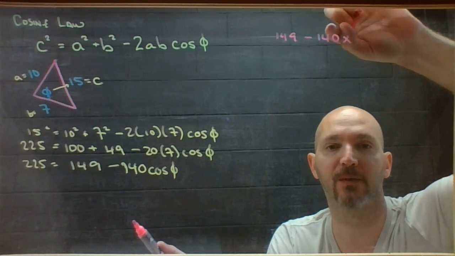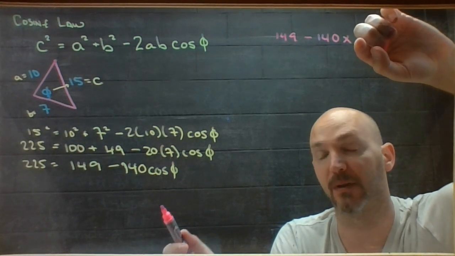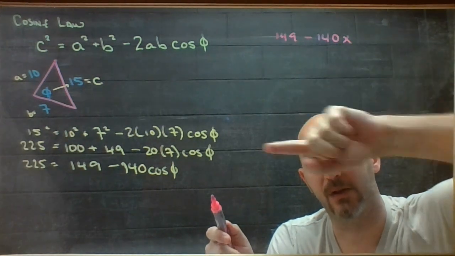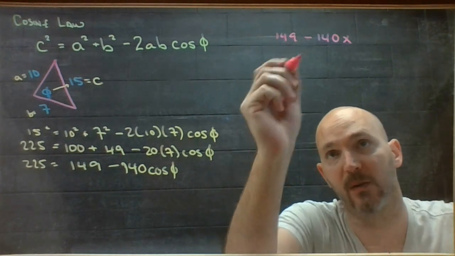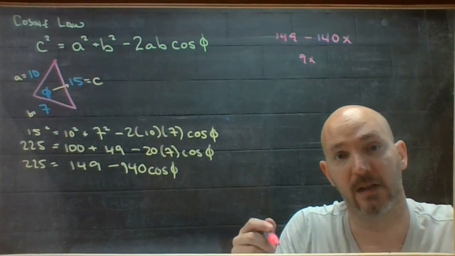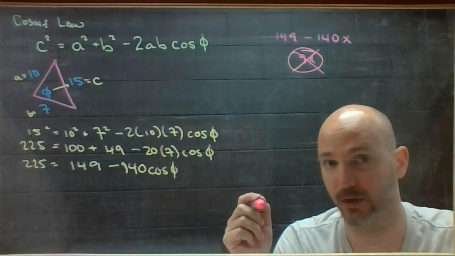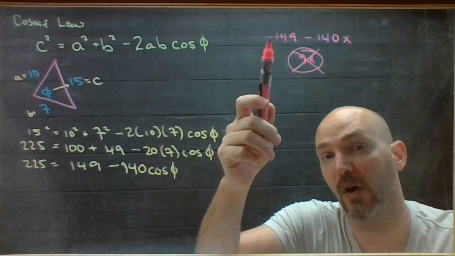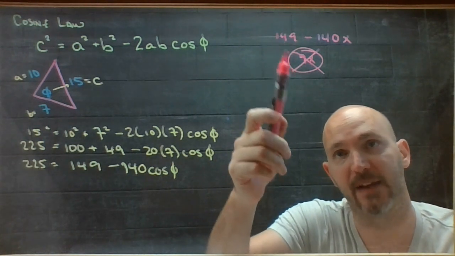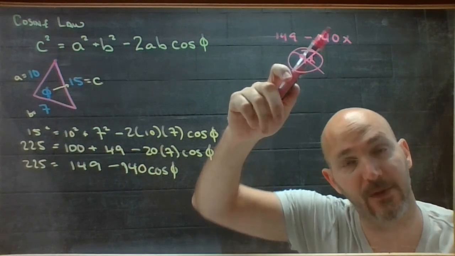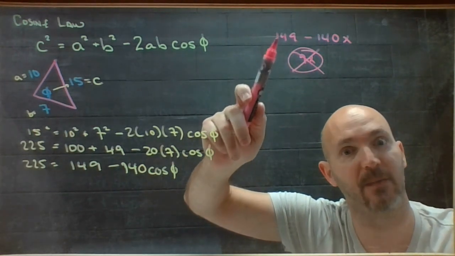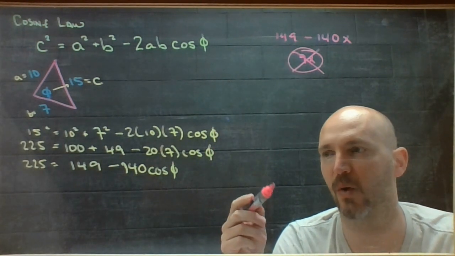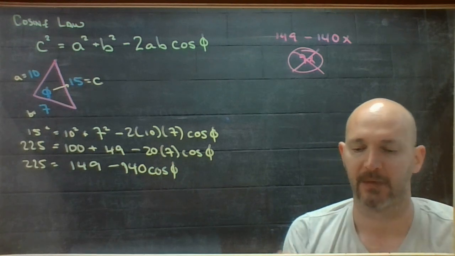It's worth 140 multiplied by some other number that I don't know yet. So it's a very common error to look at this type of thing and say, oh, well, that must be 9x. Well, it is not that. Don't do that. This is a number with no x's at all. So you can't just vanish it and say there's 9 x's left. There's 140 x's and some number that doesn't have anything to do with x. So please don't squash them together like that.